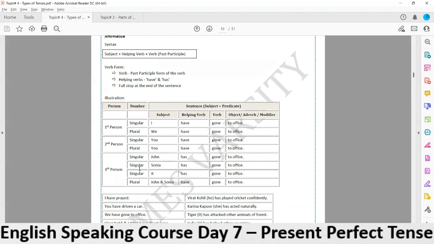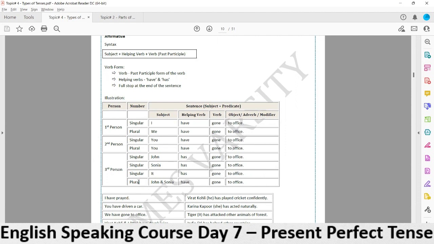So you can see that only for third person singular, the helping verb has is used, and for the remaining pronouns have is used. For third person singular, John has gone to office, Sonia has gone to office, it has gone to forest, because it is a non-living thing, or an animal, so it has gone to forest, let's say.